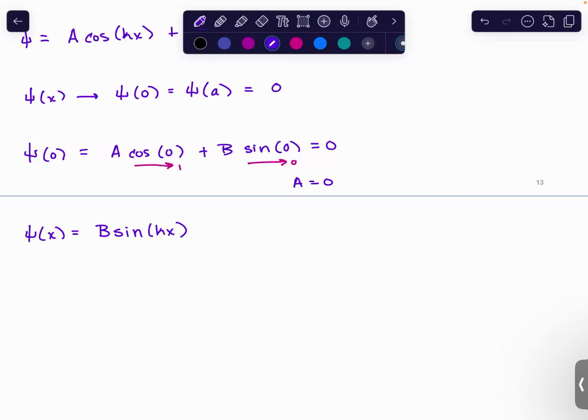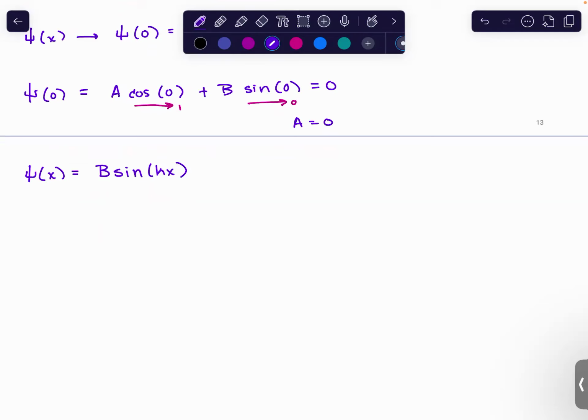Now we want to look at our boundary condition at a. We know this leaves us with a couple of options.